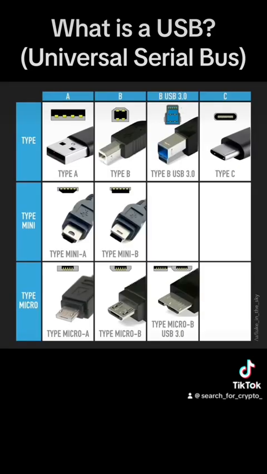Now, there are different types of Type A connectors, the connectors that actually go into the computer. There are mini connectors and there's micro connectors, and you could see them under the A side or the A column, right? Now the B side, those are the things that actually plug into your devices, right?